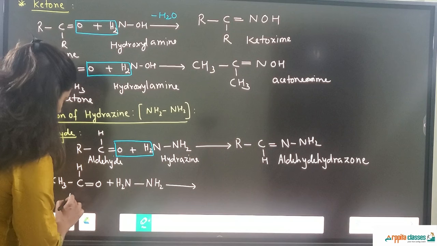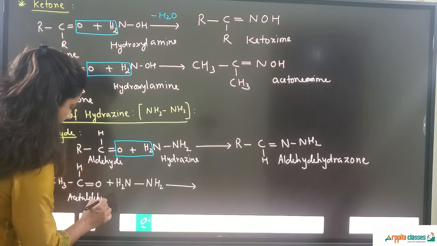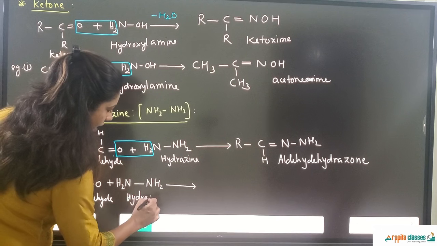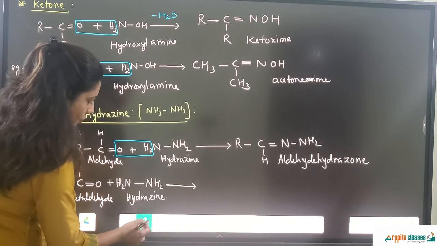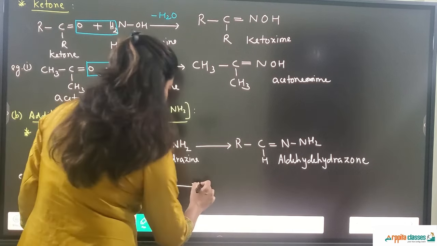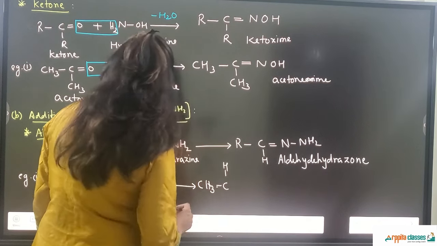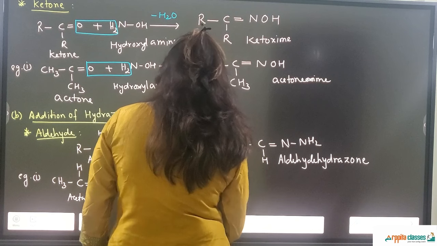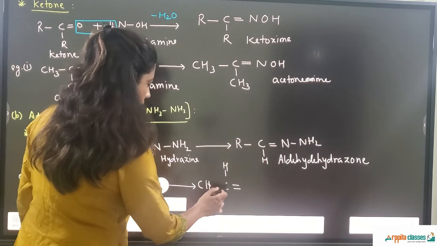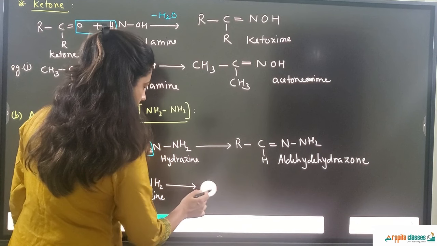So let's see, this is acetaldehyde reacting with hydrazine. Remove the water molecule. Now I'm removing like this. So you are getting CH3CH, double bond. This was looking like a double bond, so I will rub this part again.